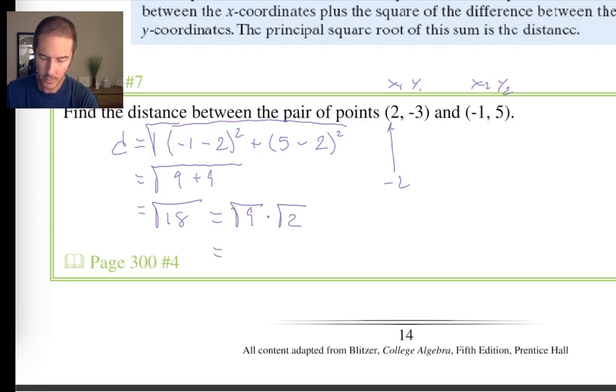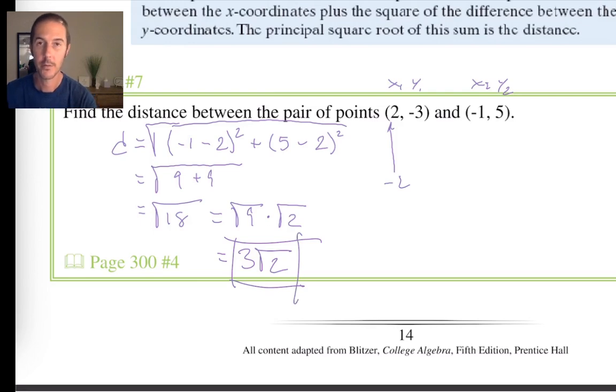We could have also turned it into the square root of 6 times the square root of 3, but I don't know the square root of 6 and I don't know the square root of 3, so why would I do that? I much prefer 9 and 2 because at least I know that the square root of 9 is equal to 3. We're stuck with the square root of 2, so we've got to keep that, and this is the distance between our 2 points, 3 root 2.